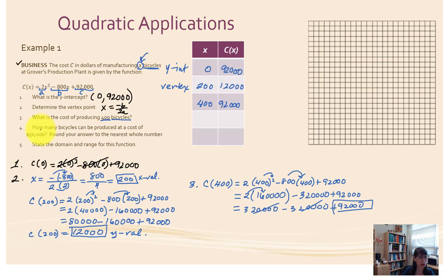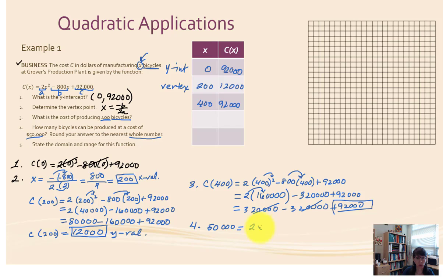In question 4, how many bicycles can be produced at a cost of $50,000? Round your answer to the nearest whole number. All right, so this time we're given a cost. So instead of writing C evaluated with an x value, we already know that 50,000 is what must be equal to the function.